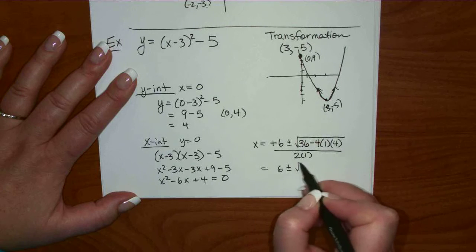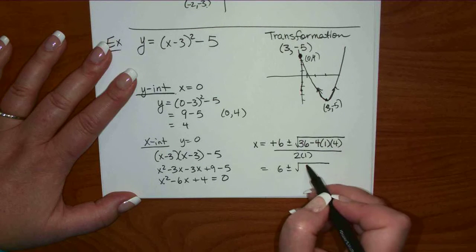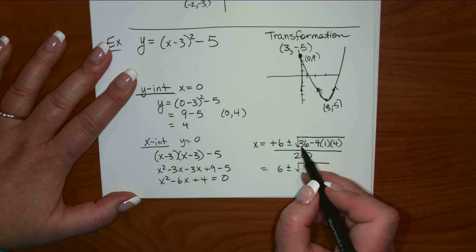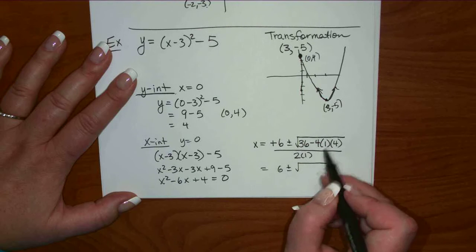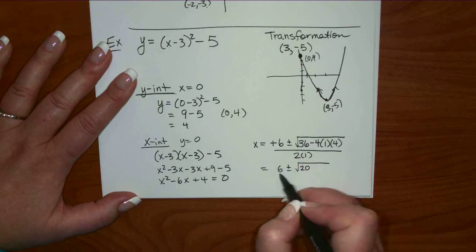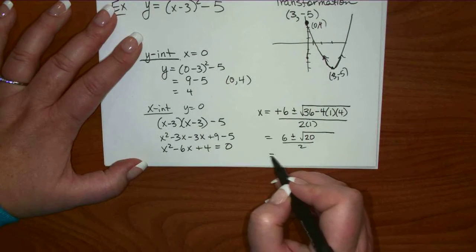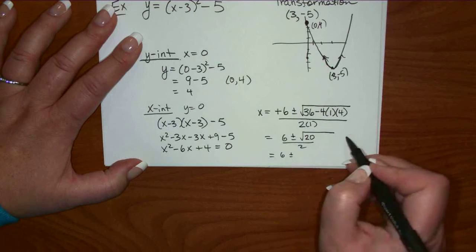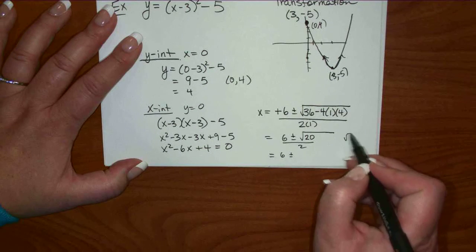Is there ever a time we don't have to use the quadratic equation here? 36 minus 16, 20. 20 is 4 times 5.